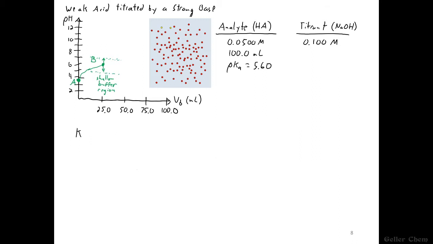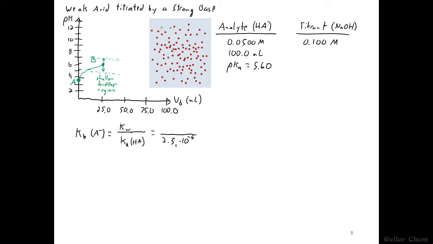So our Kb of A minus is just going to be equal to the Kw divided by the Ka of our weak acid, which we already found back when we did point A. It was 2.5 little 1 times 10 to the minus 6.